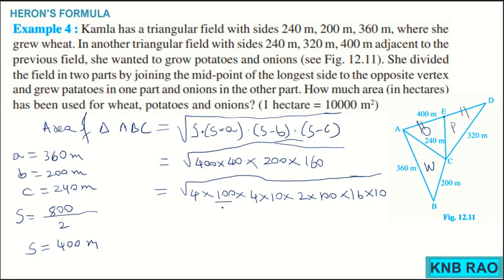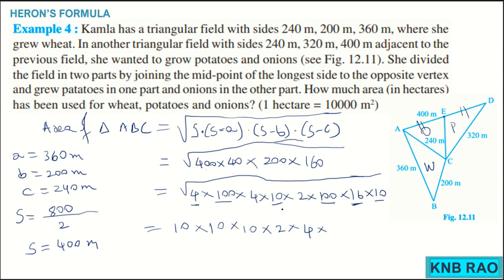Now for this 100, 10 will come out because it is a perfect square. For this 100, one more 10 will come out, and for this 10 into 10, one 10 will come out. For this 4, which is a perfect square, 2 will come out. For this 16, which is a perfect square, 4 will come out.